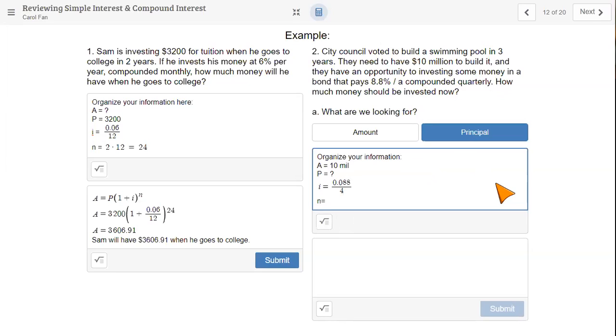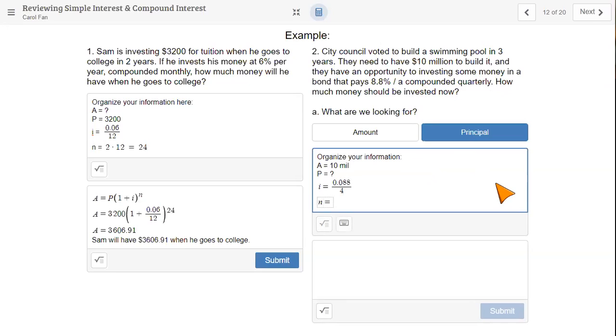And n is equal to 3 times 4 because we have 3 years and each year we're getting 4 times interest.